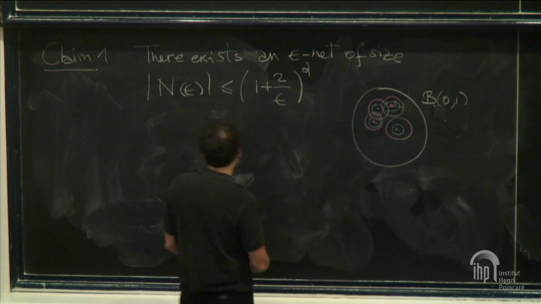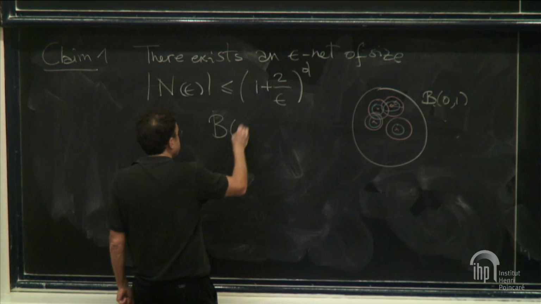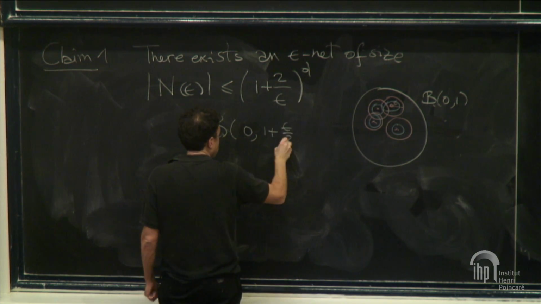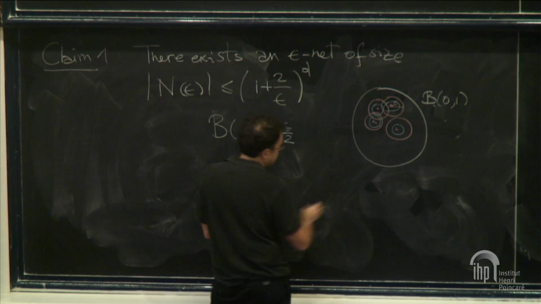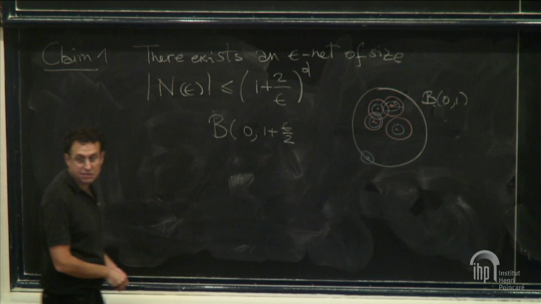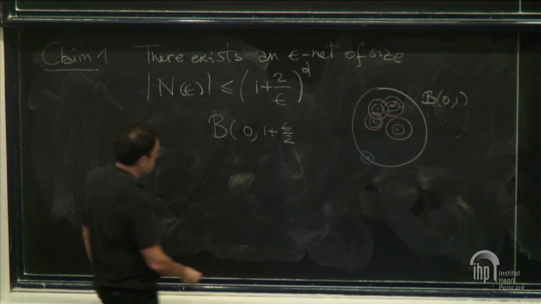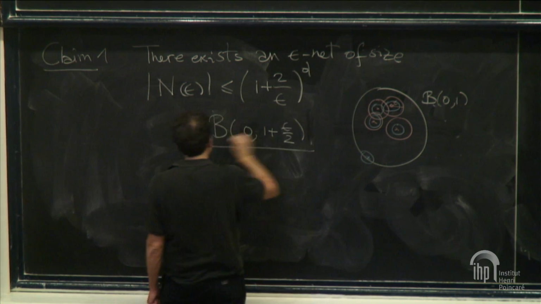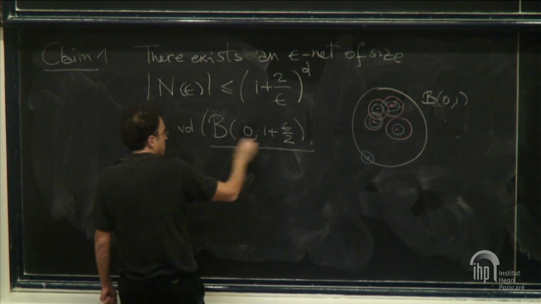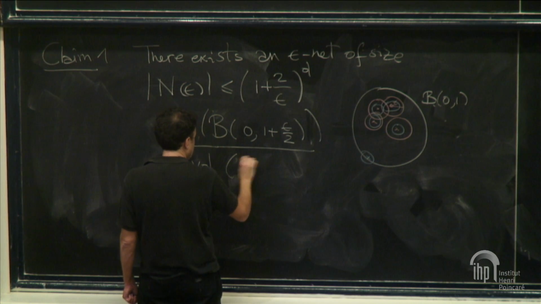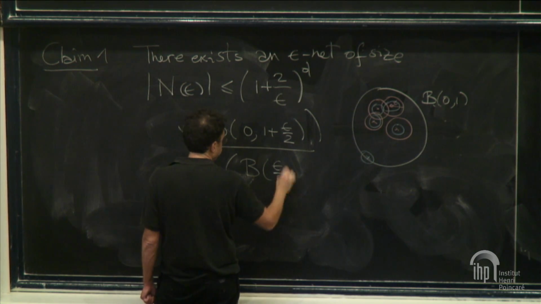Now, it's a packing of what? It's a packing of the ball of radius 1 plus epsilon over 2. Because I might have sometimes put a center here, and so the ball goes a little bit outside. So how many balls did I use? Well, it's at most the volume of this object divided by the volume of this object.